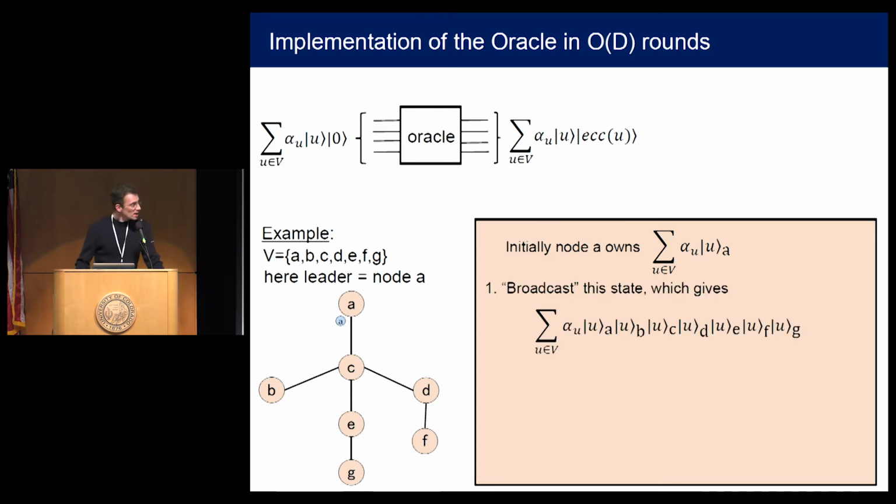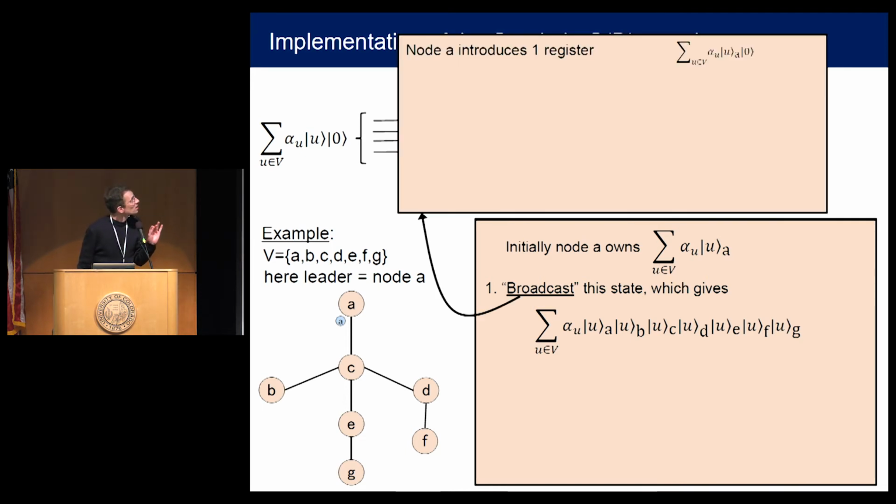And the first step is to broadcast this state in order to get this state. So what does it mean? The node A will first introduce a new register here, 0. And it will apply a CNOT to obtain a U here.